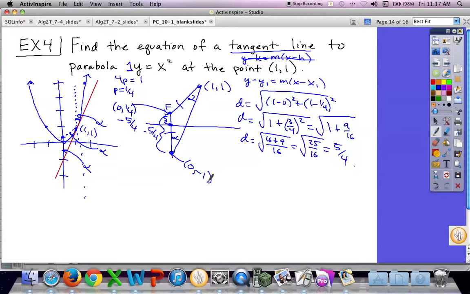Now that you know two points, find the slope. m equals (y2 minus y1) over (x2 minus x1), which is (1 minus -1) divided by (1 minus 0). So that line has a slope of 2 over 1, which is 2.